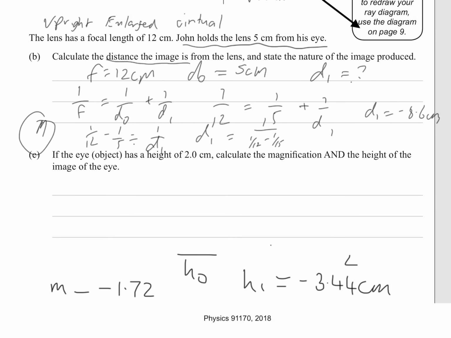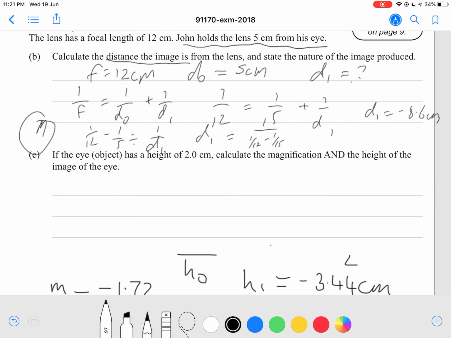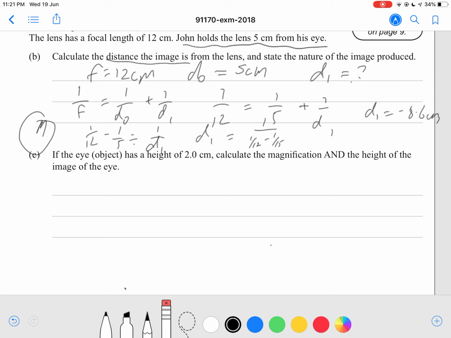Now, if the eye, the object, has a height of 2 centimeters, calculate the magnification and the height of the image of the eye. So we need the magnification and we need hi.